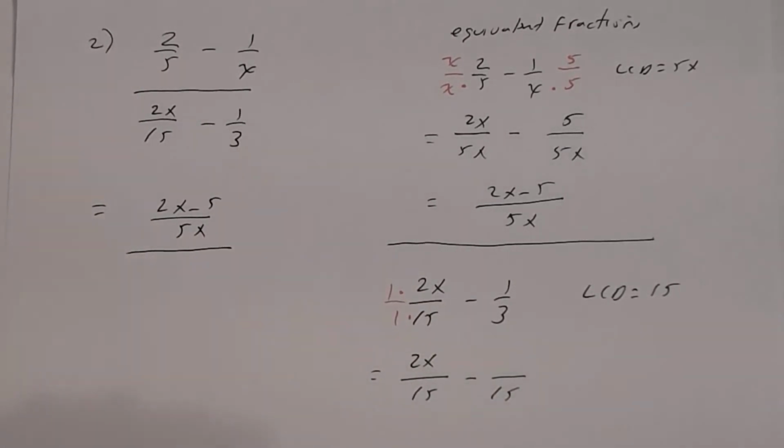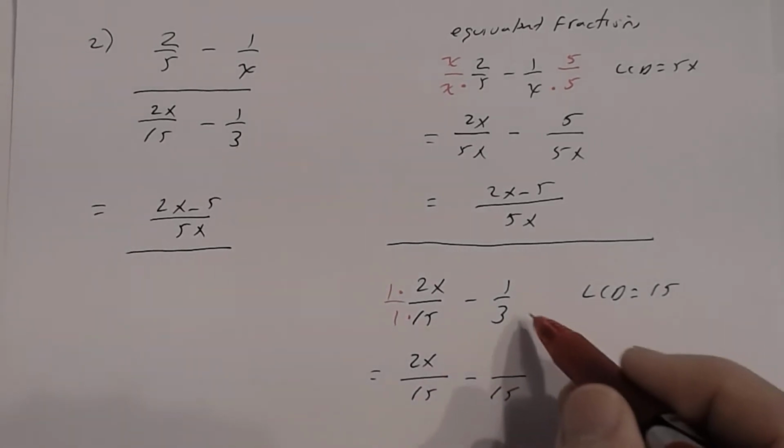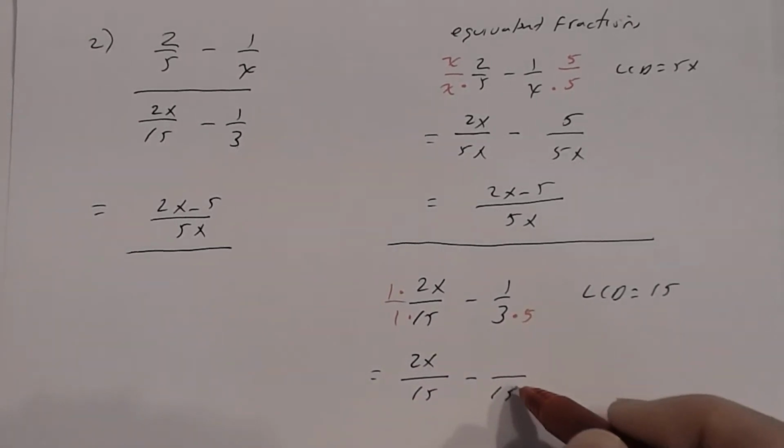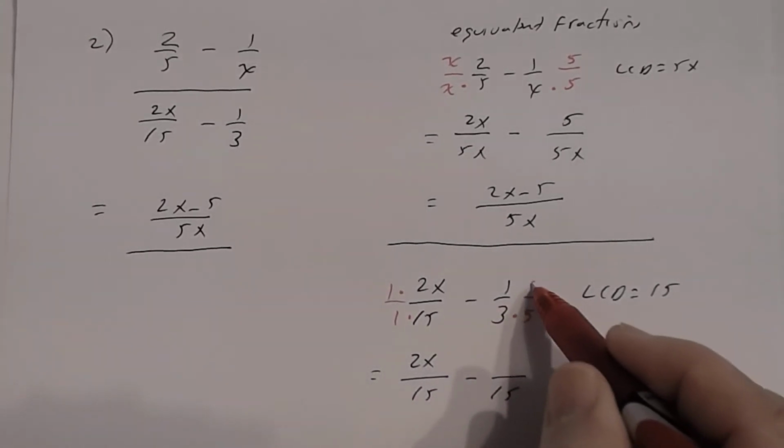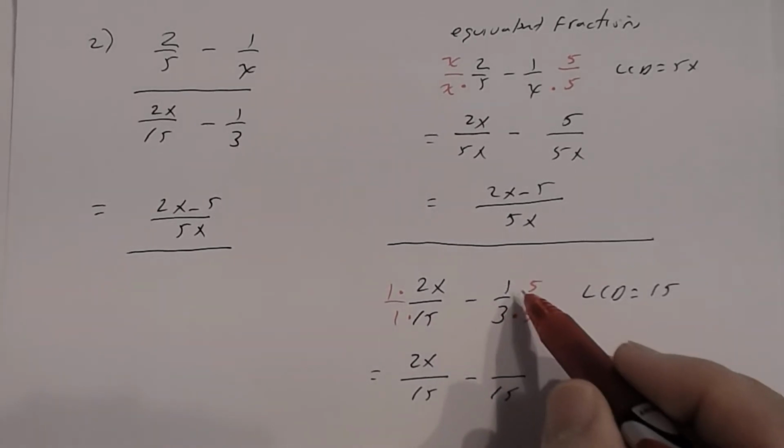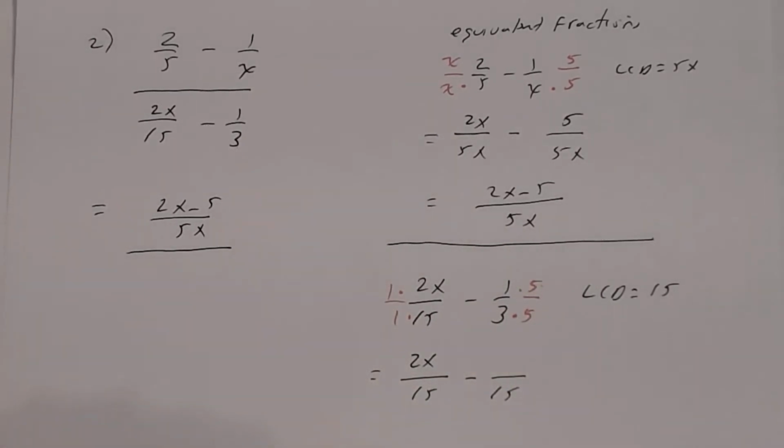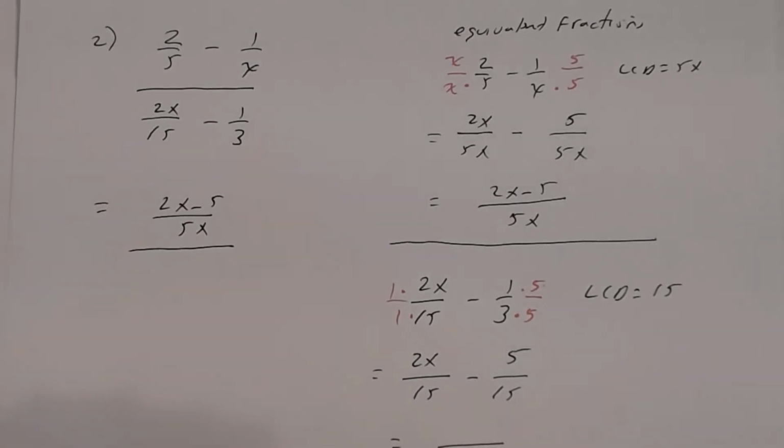Okay, so it does make sense. For 3 times 5 is going to be 15, but again, what I do to the denominator, I have to do to the numerator. And so 1 times 5 is 5. Okay? And now I got to write this as one fraction.